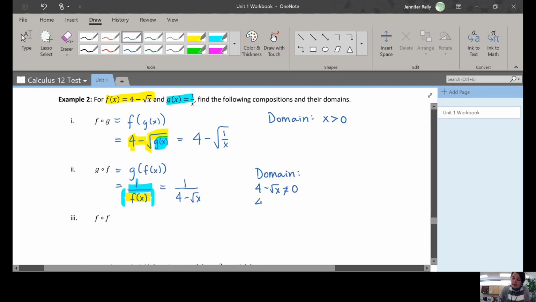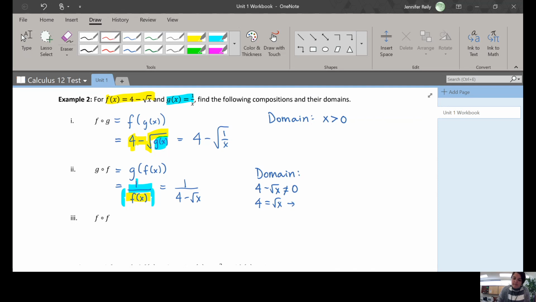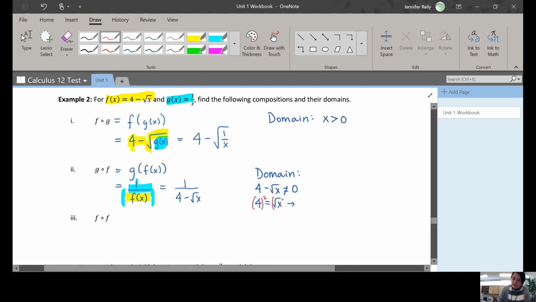So if I move the root x to the other side and we square both sides, we see that x cannot equal 16. Okay, so our domain is going to be x is greater than or equal to 0, x cannot be equal to 16. Greater than or equal to 0 because of the square root, and it cannot equal 16 because then you're dividing by 0.